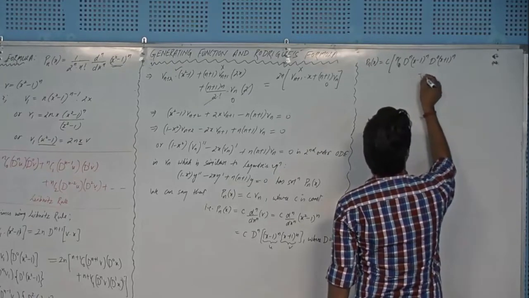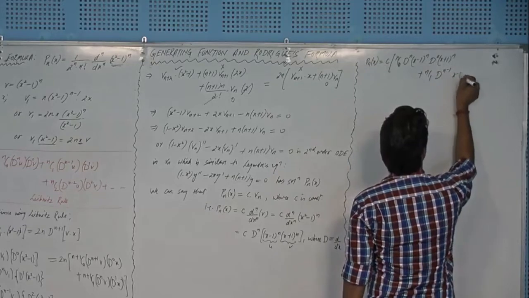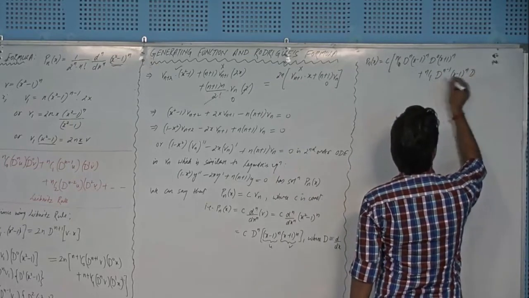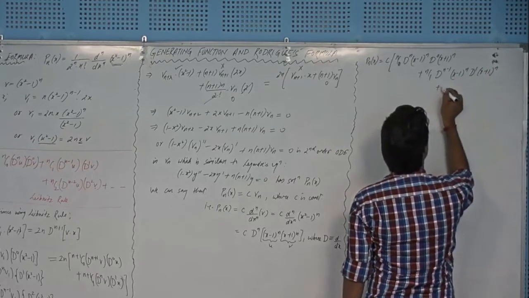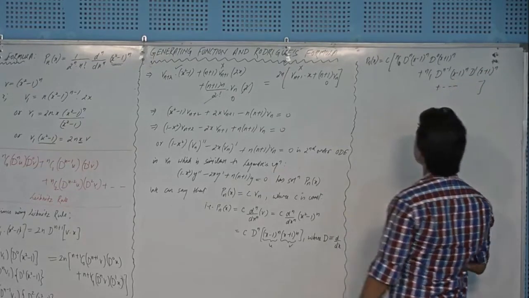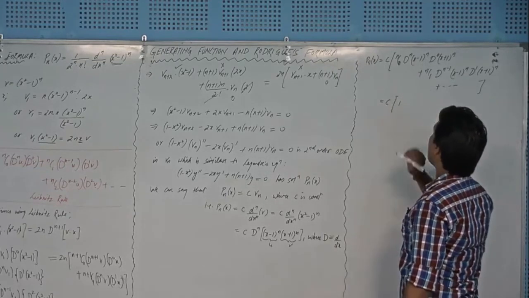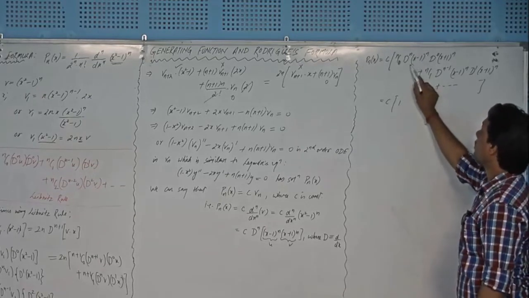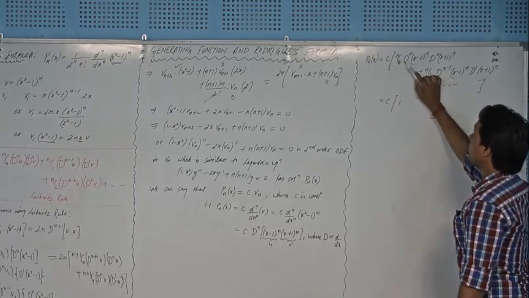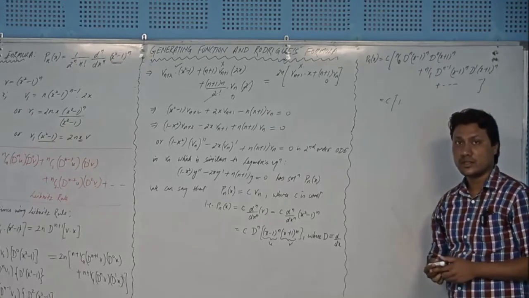Now we'll write the second term, nC1 D^(n minus 1) of (x minus 1)^n, and D^1 of (x plus 1)^n, and so on, right? nC0 is always 1, you know that, and D^n of (x minus 1)^n: you can see that this is a polynomial of degree n, and you are going to differentiate it n times, so you will get a constant, n factorial.